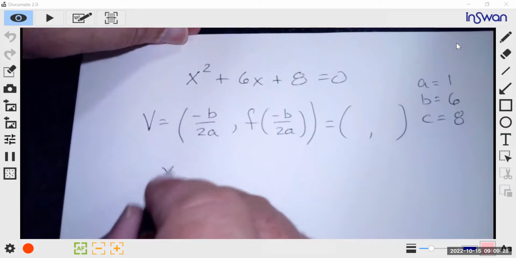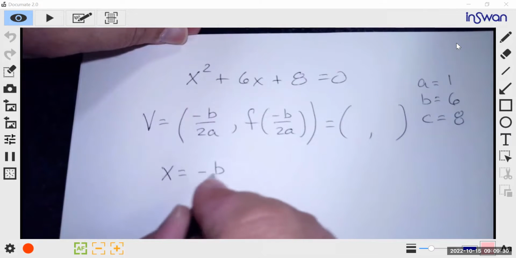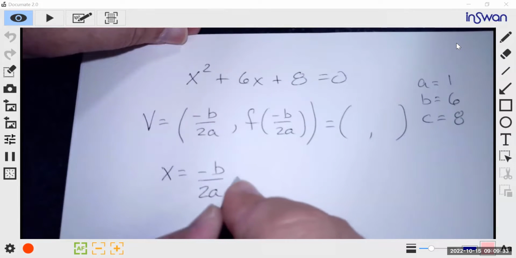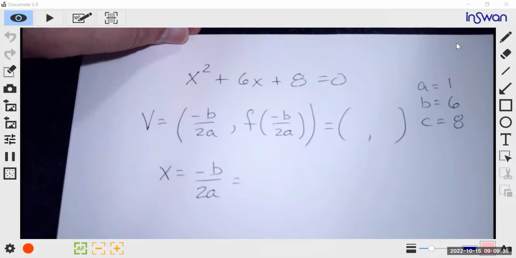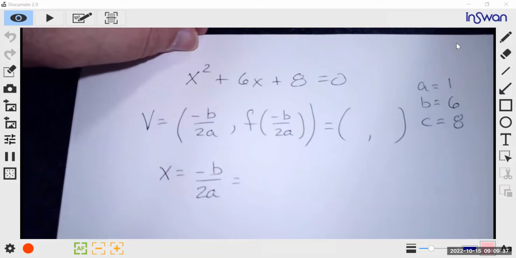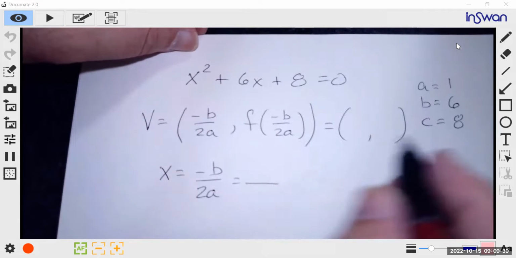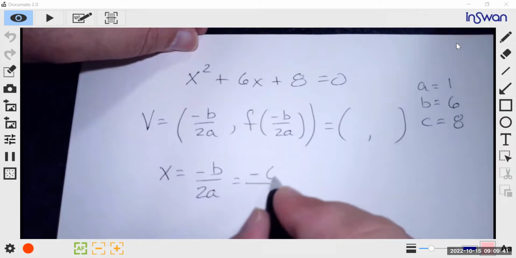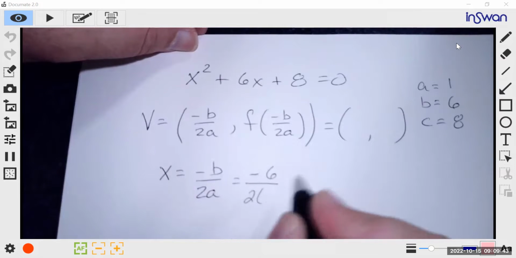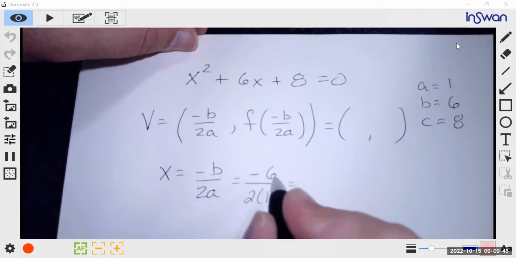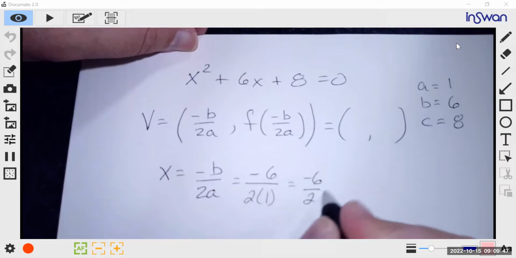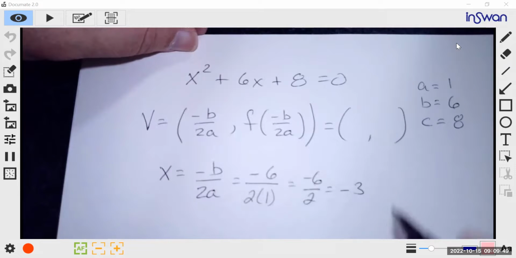So the x value of the vertex is negative b over 2a. Negative b is negative 6. 2 times a is 2. So negative 6 over 2 is negative 3. So there's your x value.